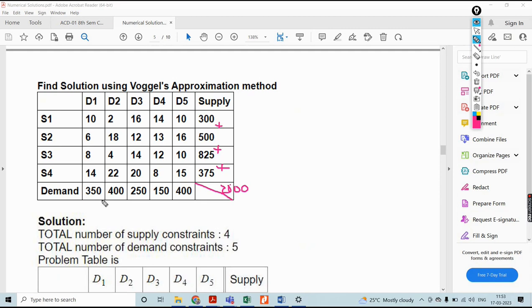Then the sum of 350 plus 400 plus 250 plus 150 plus 400. Take your calculator and do the calculation. How much is it?